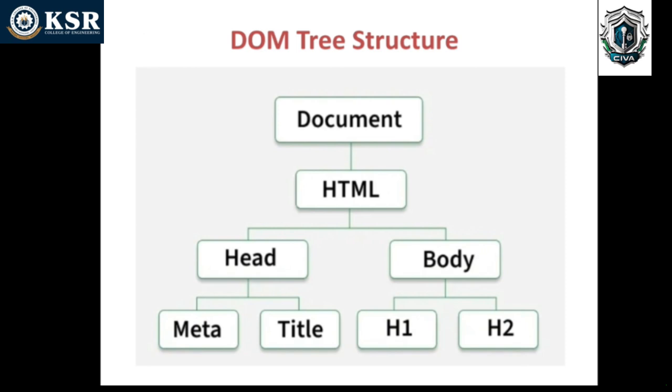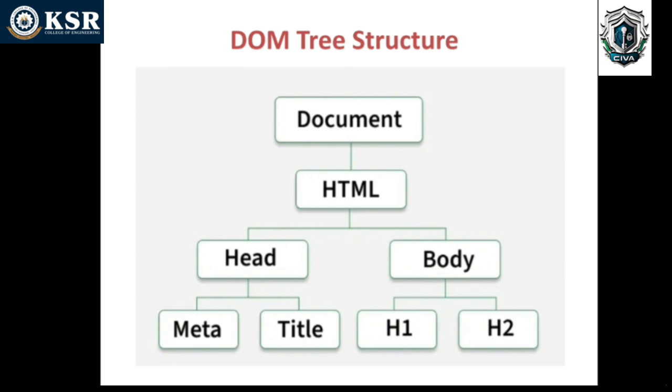Document Object Model tree structure. Basically, the DOM takes the HTML document and breaks it down into a hierarchy of objects, each representing different elements like a heading, paragraph and button. Each element is structured in a parent-child relationship.